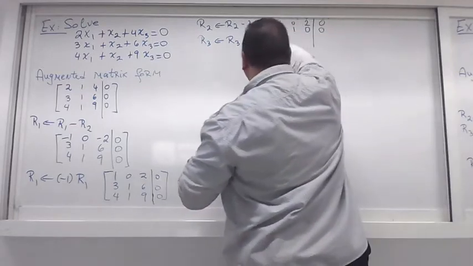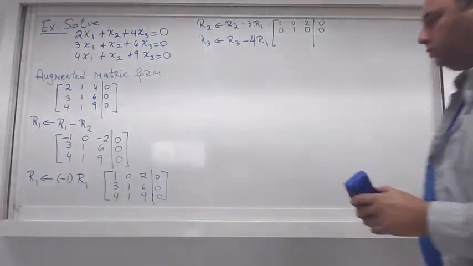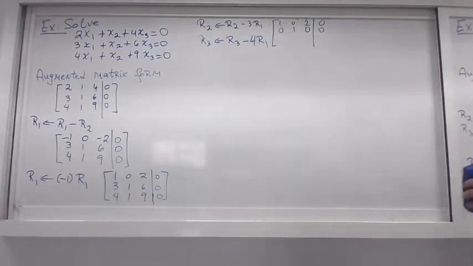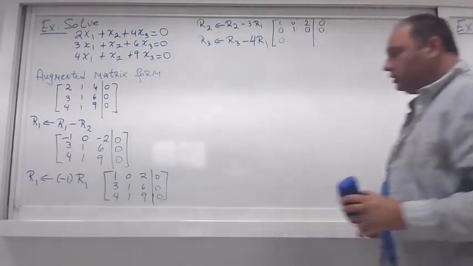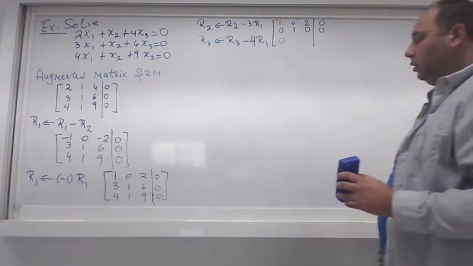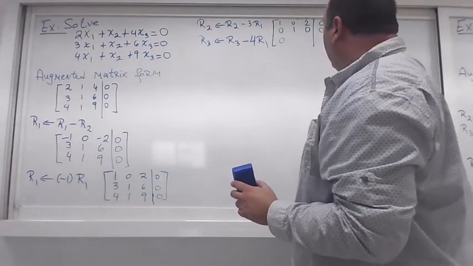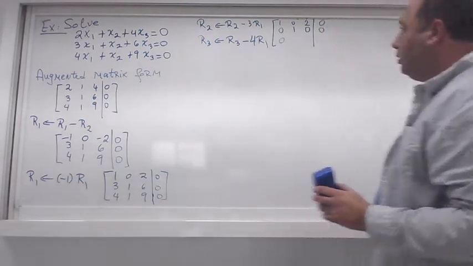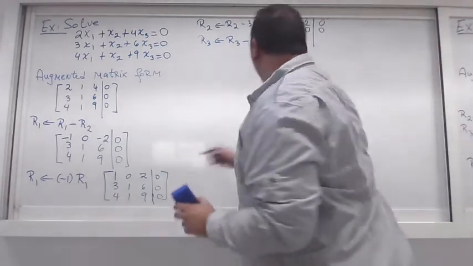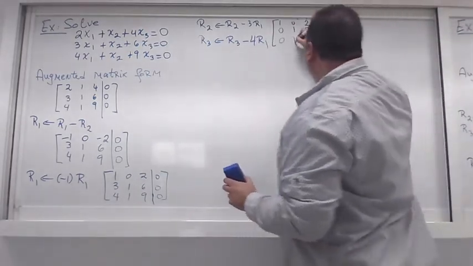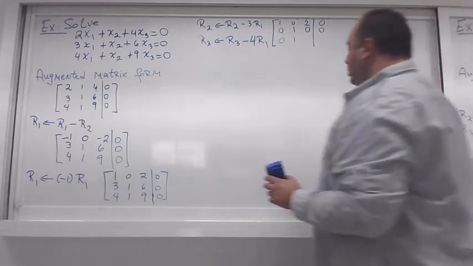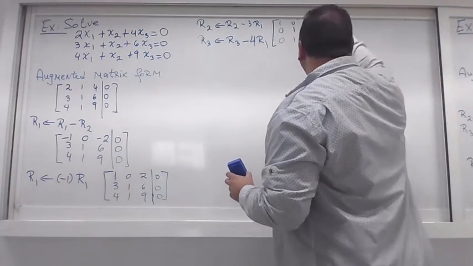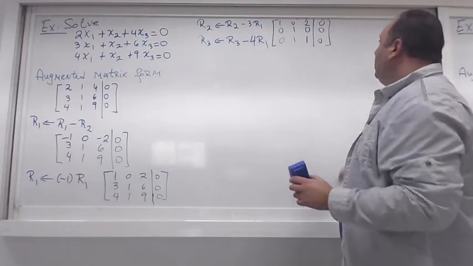Let's write 4 clean. Okay, so this will be 0 obviously. So 1 minus 4 times 0 is 1. 9 minus 4 times 2, so 9 minus 8 is 1, and 0 here.